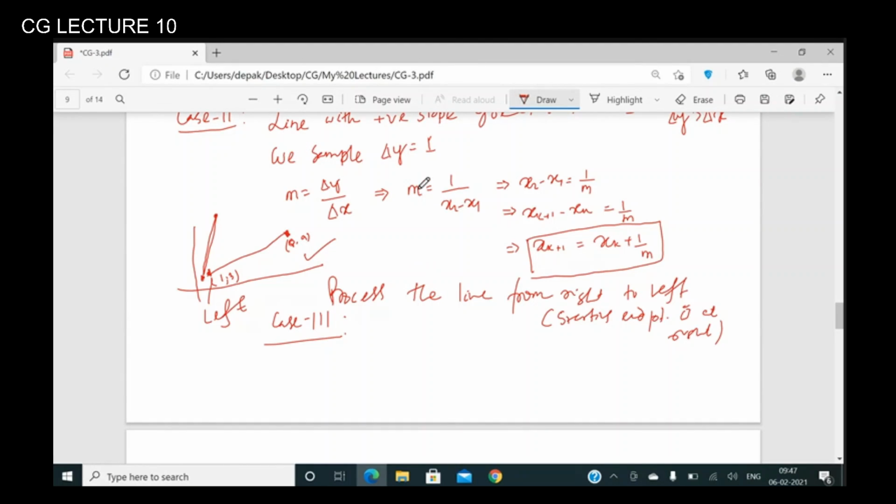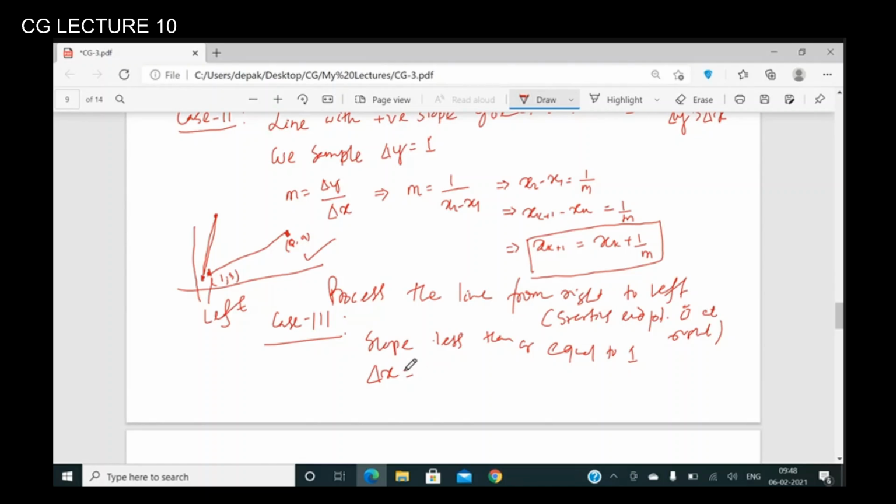So why will this not work? Because you have to start with 8 and 9, and if you simply increase the value, then how will you come to this point 1 and 3? So again, if the slope in this case is less than or equal to 1, then you have to sample del x.